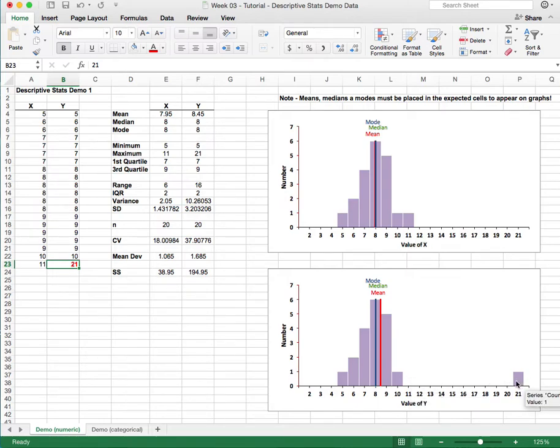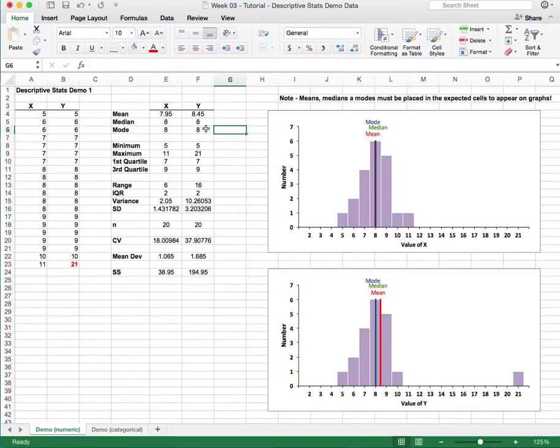Okay, when we did that, notice that the mean, this red line here, it scooted to the right. It got just a little bit higher when we made that one little change. Okay, so now our mean is 8.45 instead of 7.95. The median stays the same because the median is simply the central value, and that hasn't changed.